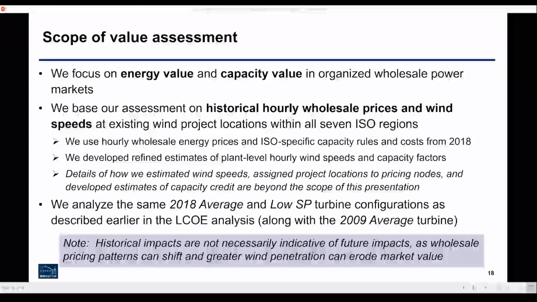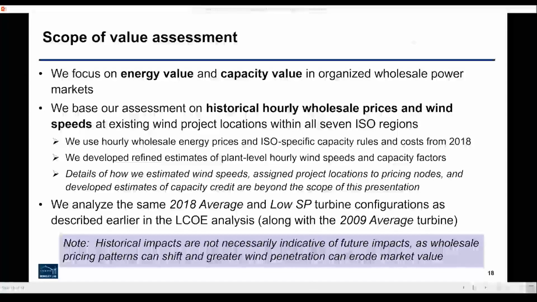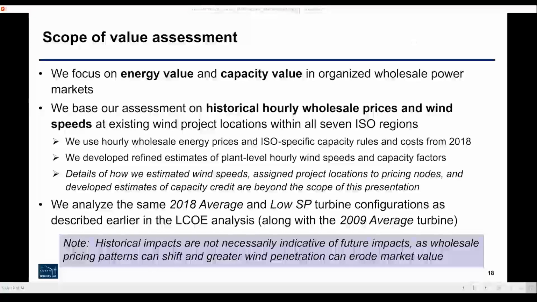For every existing site, we match the site to a local node for the wholesale price series. There's over 50,000 local pricing nodes in the country, so we're able to get a close match at most sites, within a few kilometers, really. And this allows us to get local pricing series at each node from 2018 by the hour.